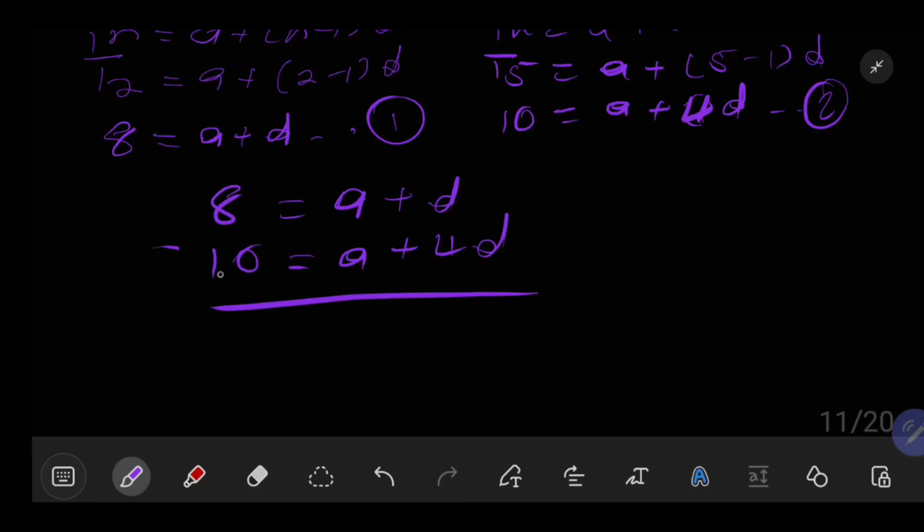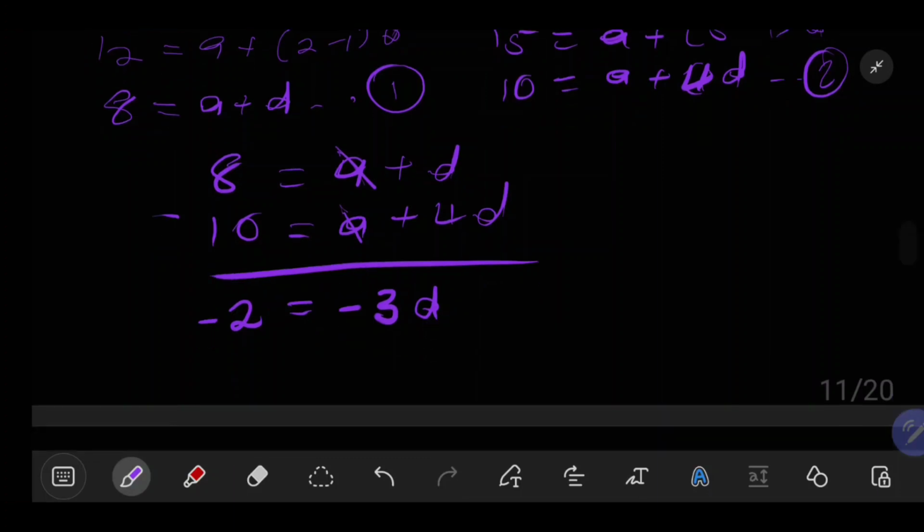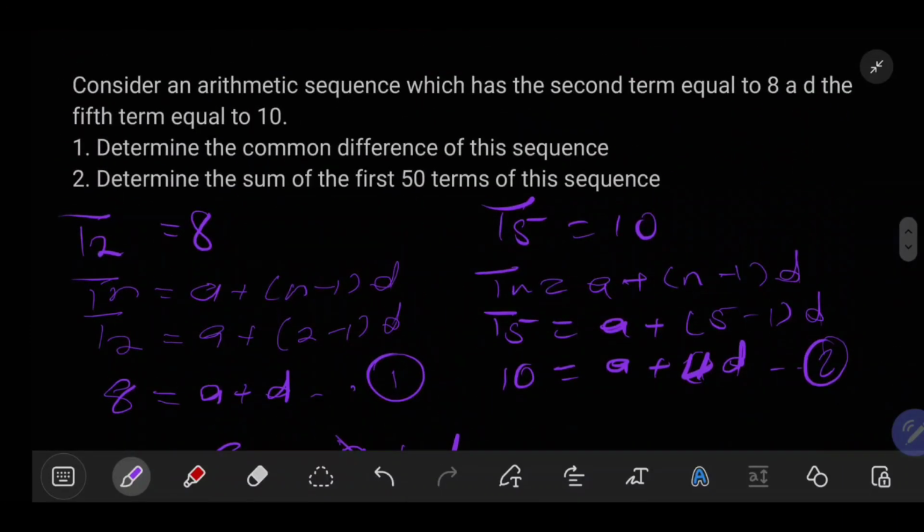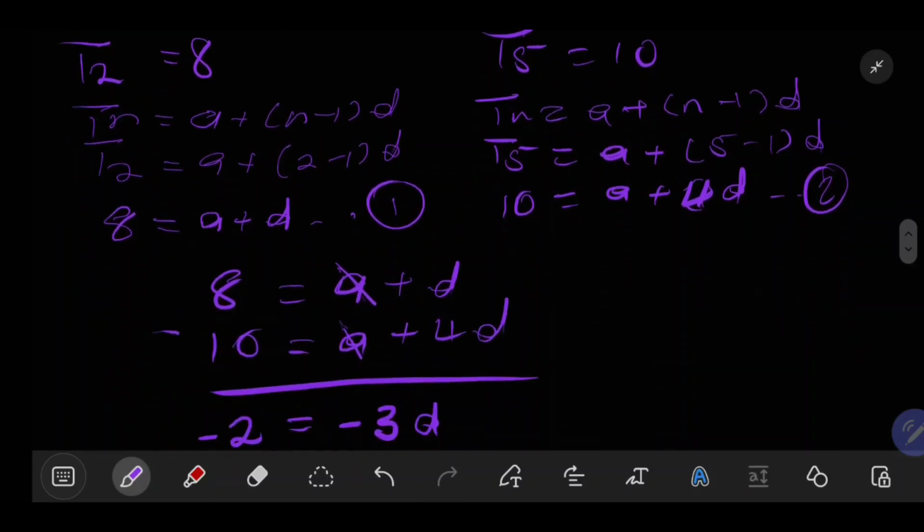When we subtract, we have negative 2, because 8 minus 10 is negative 2. The a terms cancel out, and d minus 4d gives negative 3d. Then we divide both sides by negative 3, and our d value is equal to 2 over 3. The common difference of this sequence is 2 over 3.